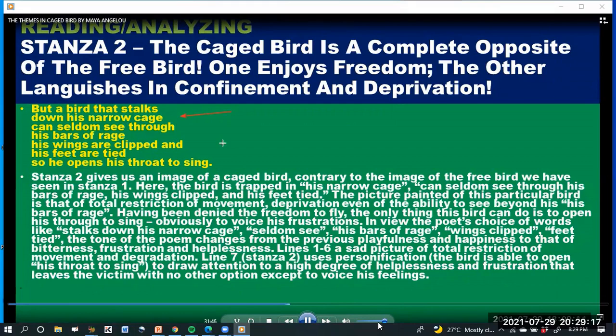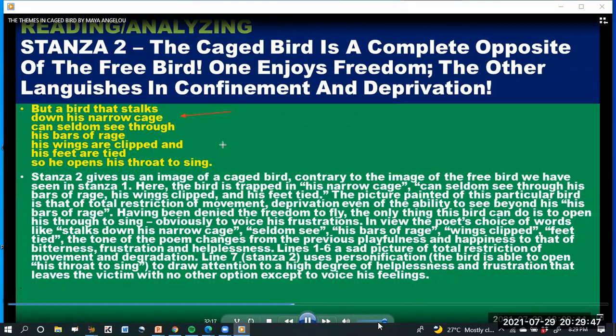So stanza 2 here gives us the image of a caged bird, and this is contrary to the freedom enjoyed by the free bird. Now, here we discover that the bird cannot fly. The bird in the other stanza has all the freedom to fly and even has the audacity to claim the sky as his own.